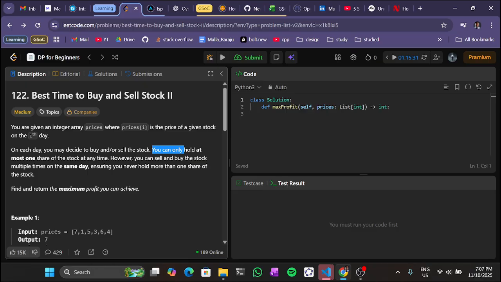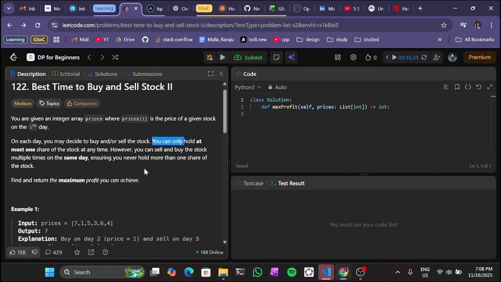However, you can sell and buy the stock multiple times on the same day, ensuring you never hold more than one share of the stock. Find and return the maximum profit you can achieve.